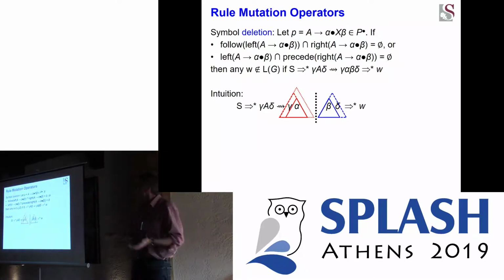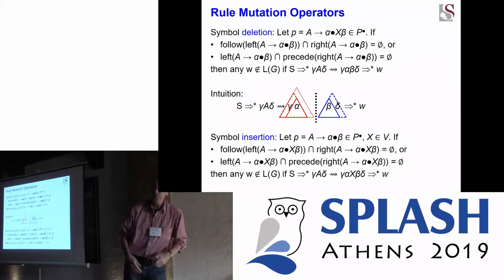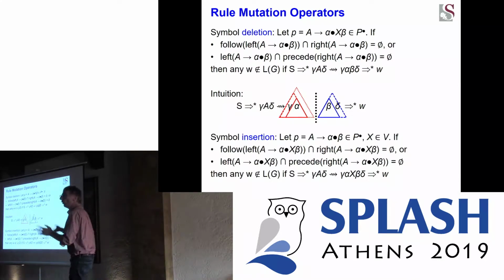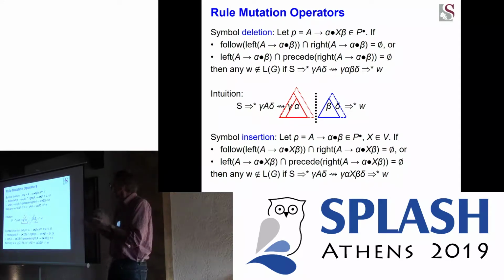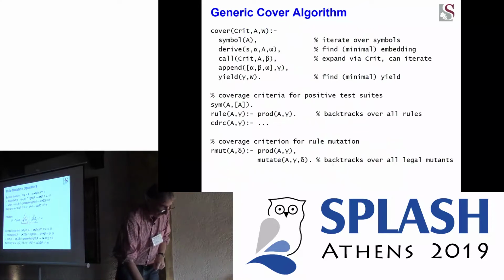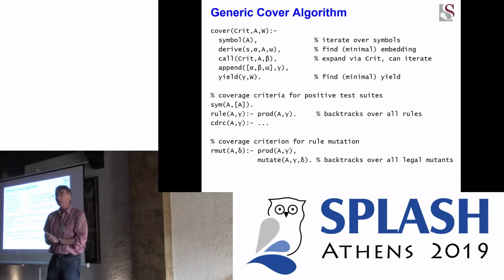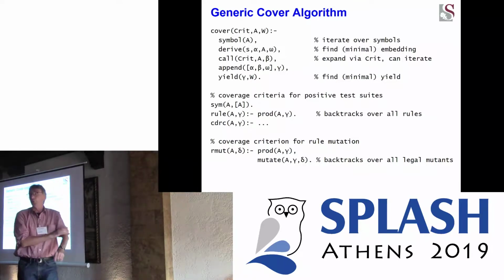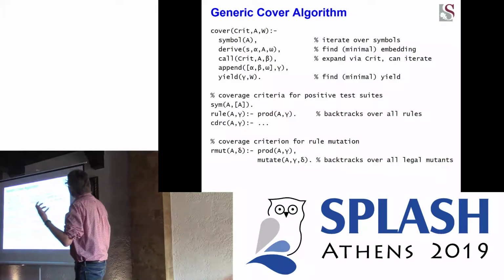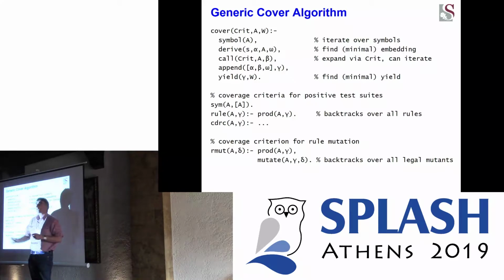We can use this to define conditions on all of the other operators, for instance, symbol insertion, or transposition or replacement. Right. So that's a relatively simple idea. Of course, I've got to show it's a simple implementation. You can write this in a couple of lines of Prolog. You take a generic coverage algorithm that iterates over all rules, finds an embedding for each non-terminal symbol on the left-hand side, and then calls this criterion.